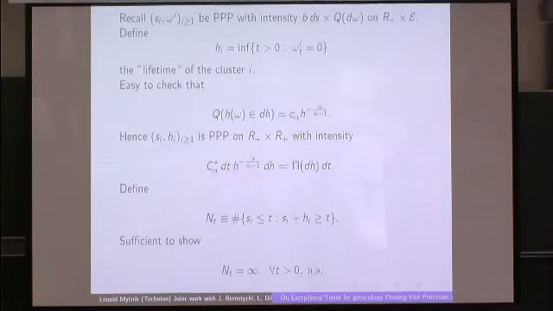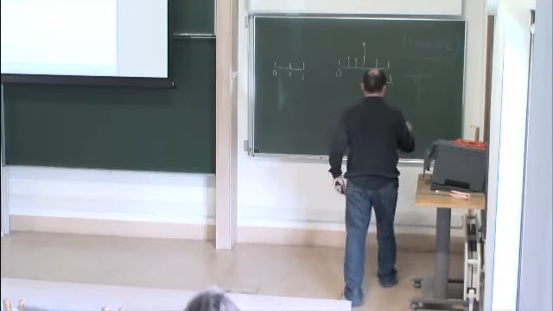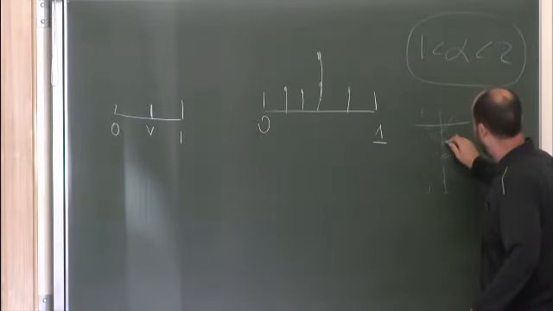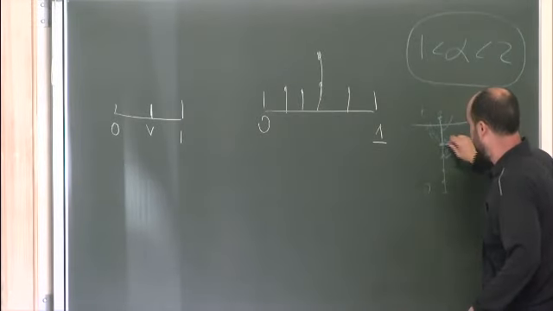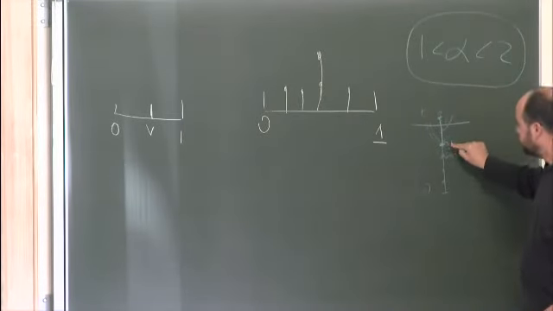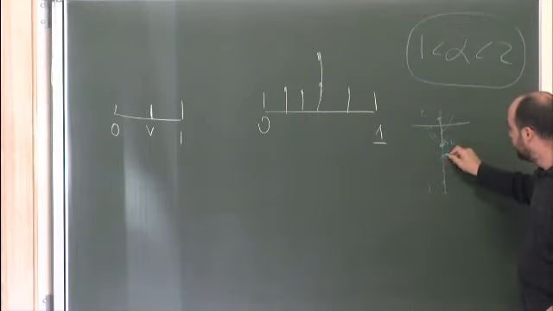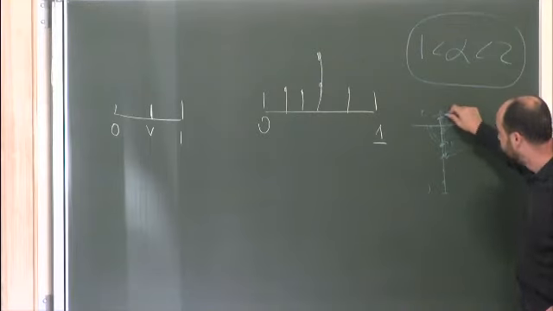And what we do, we create the Poisson point process. Now we put these times where the clusters are born, and each of them creates its lifetime. This is S_i where a cluster is born, and this is, suppose, its lifetime.